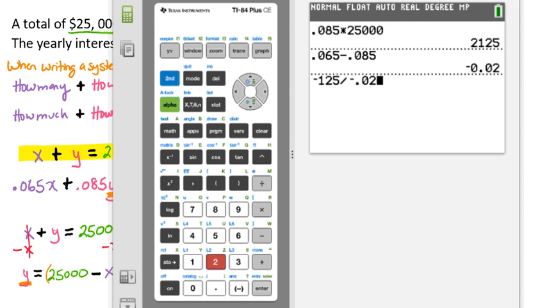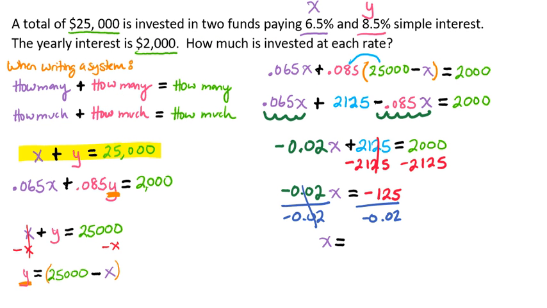We plug that into our calculator, and that gives us 6,250. So that's how much was invested in the x fund.